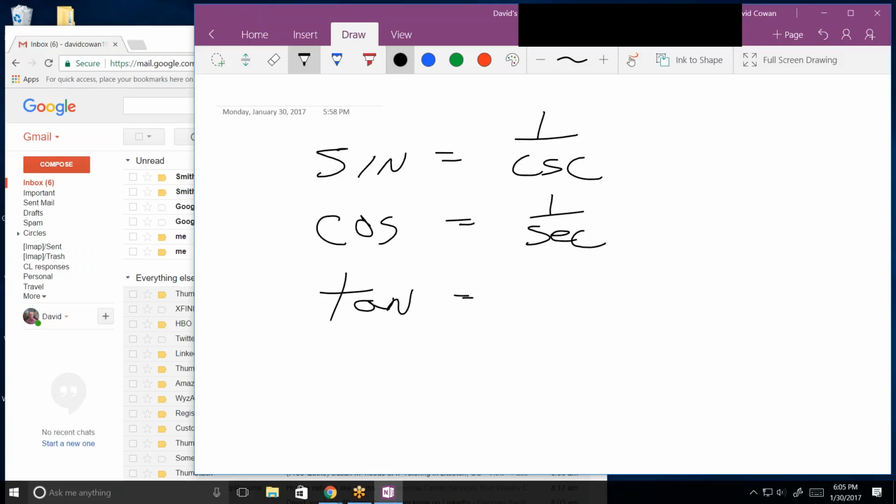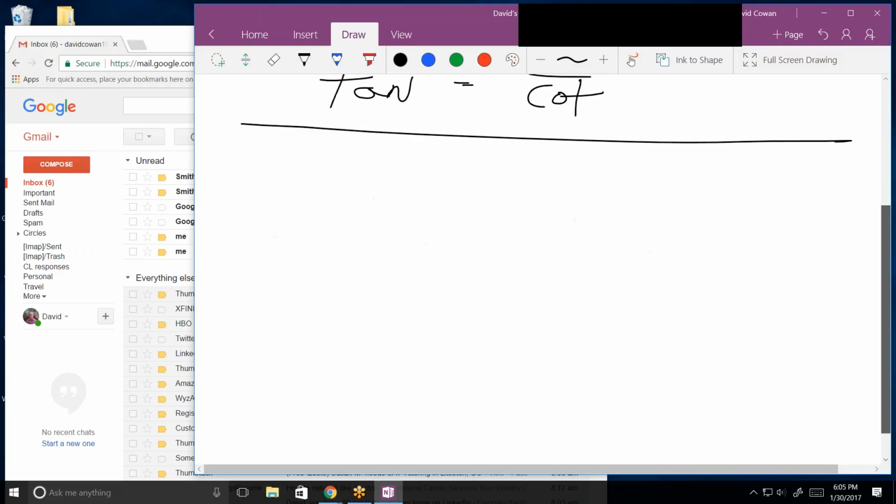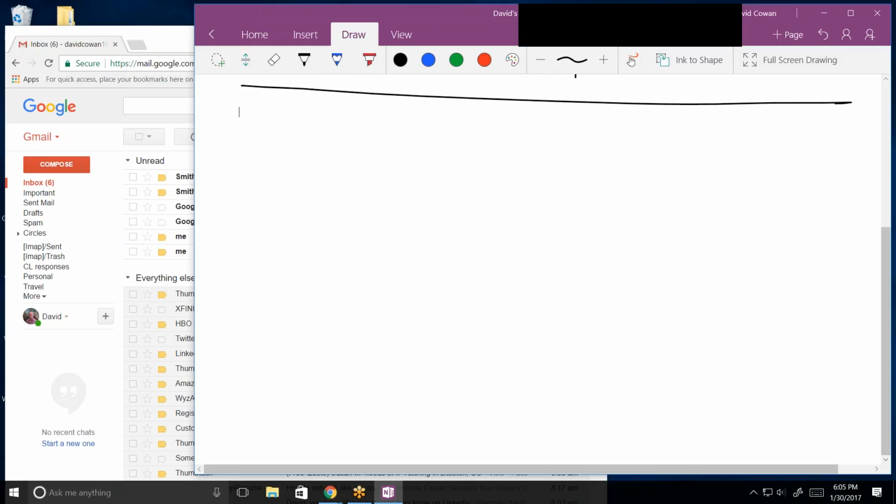Cotangent. Those are 6 of them, because obviously cosecant must be equal to 1 over sine also, right? So there's 6 identities. And there's really 11 that you absolutely have to know for what's coming up.